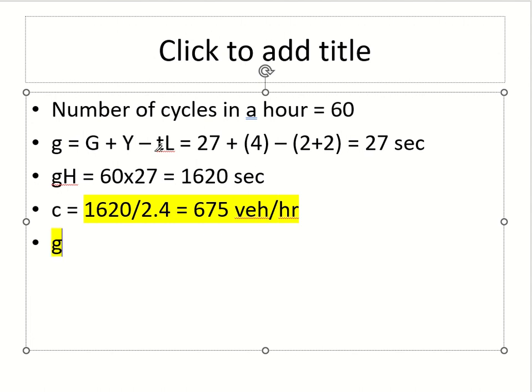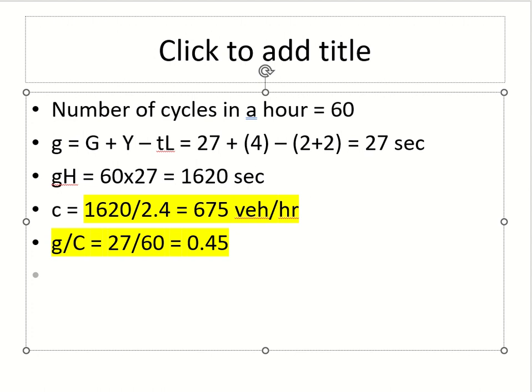So what is the green upon cycle length ratio? 0.45. Now, what happens during effective green? During effective green time, maximum flow rate, and the headway is minimum.